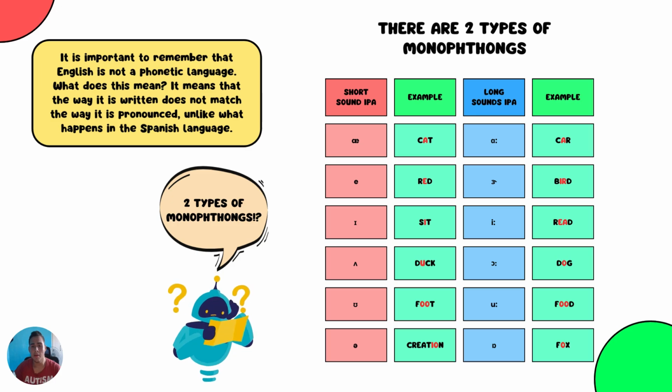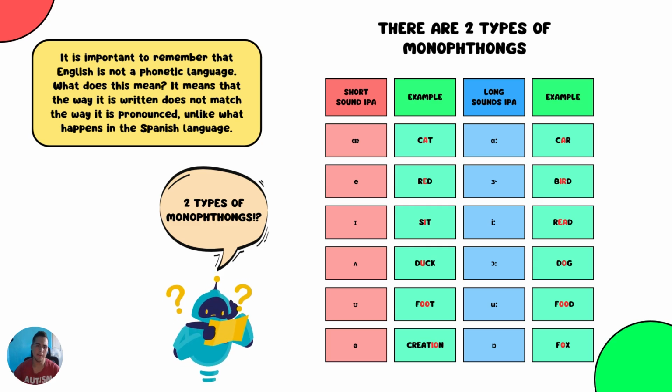Because of this, many people have struggles with monophthongs. For example, a lot of people want to say food, the thing you use to eat, but a lot of people pronounce foot instead of food.